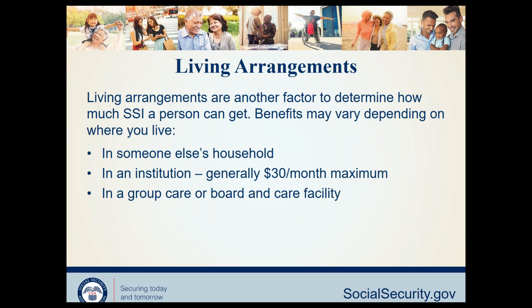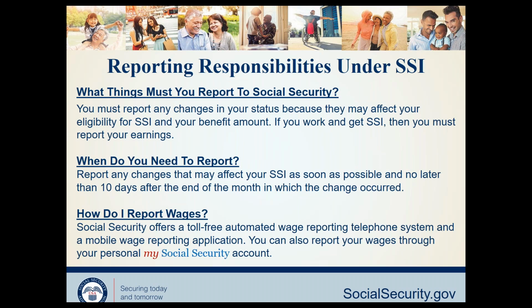Of course, you want to report a change of address, change in living arrangements, change in earned and unearned income, and changes in resources. We want to have that information reported to us within 10 days so that we can pay the individual the right amount at the right time.